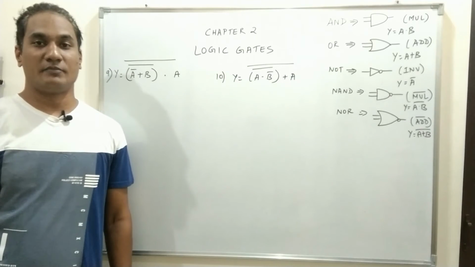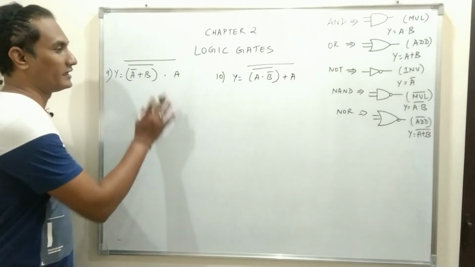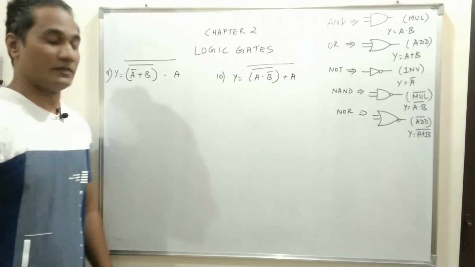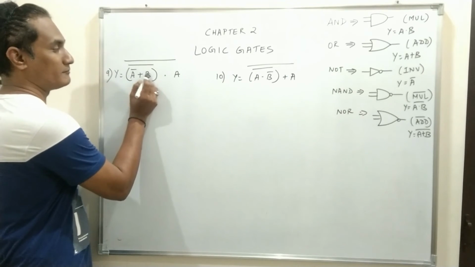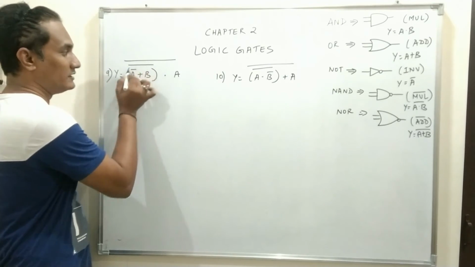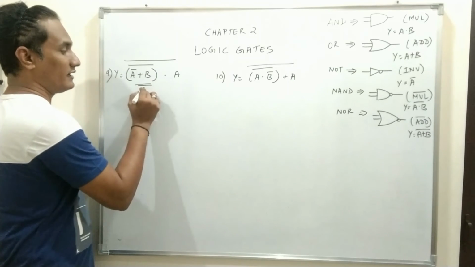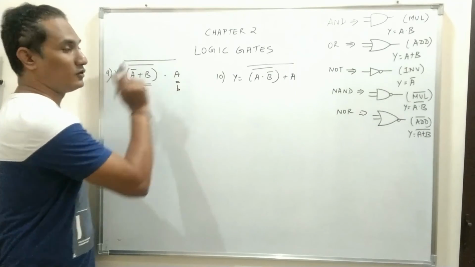The next two examples will again be a little bit more difficult, so that we can understand all types of logic equation which can come in exam. So the next one is (A bar plus B) whole complement, that this expression has been whole complemented, and then this is your A and this is your B, and these two expressions again have been whole complemented.